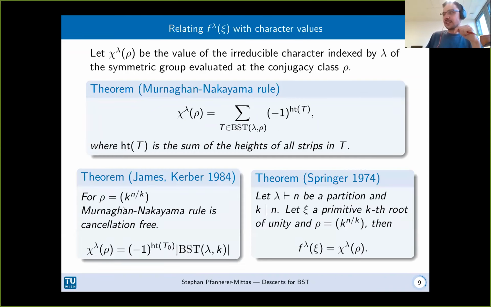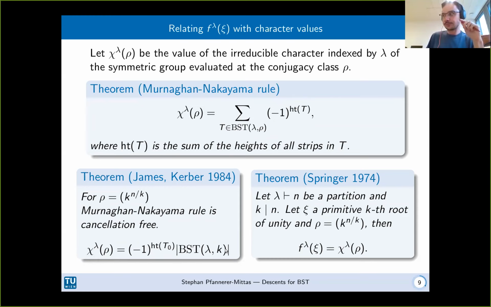And there is a nice result by James and Kerber from the 80s that says if we take a partition that's rectangular, or put alternatively, taking a conjugacy class where all the cycles of the permutations have the same length, then this rule is cancellation free, meaning that all the tableau will give the same sign. So, and then indeed, the sum gives the character value simply by a sign and then the number of border strip tableau.